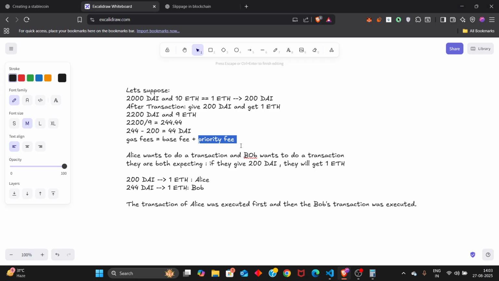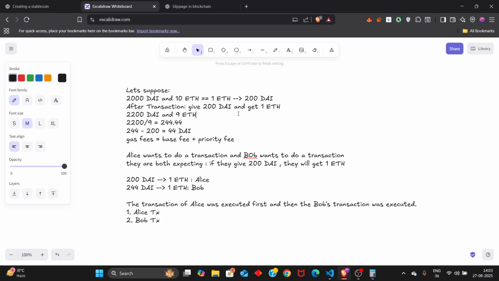So I hope you understood what is happening in this slippage thing. It is happening because first Alice's transaction is executed, then Bob's transaction. Alice gave 200 DAI and took out 1 ETH.